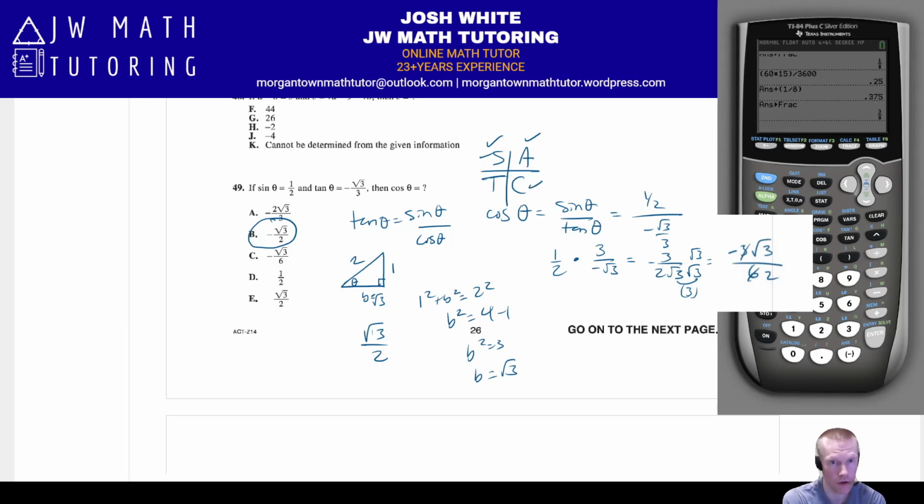So therefore, quadrant 2 is the only one where the sine is positive and the tangent's negative. Therefore, the cosine will also be negative. Cosine's only positive in quadrant 1 and quadrant 4. So you have to remember to put the negative sign in front, because this is technically a quadrant 2 angle, even though the way I drew it, it looks like a quadrant 1 angle.